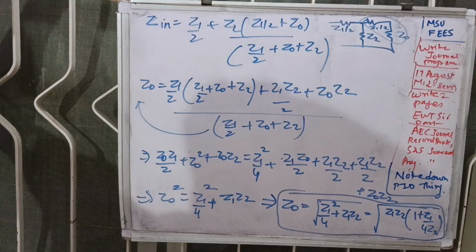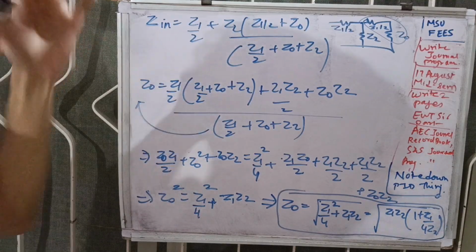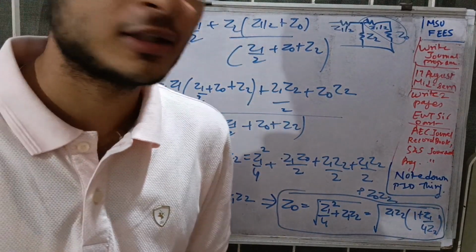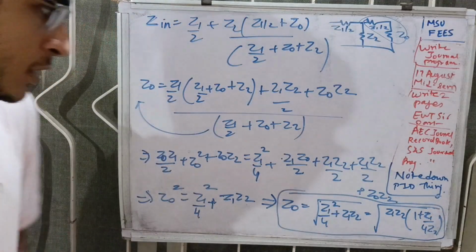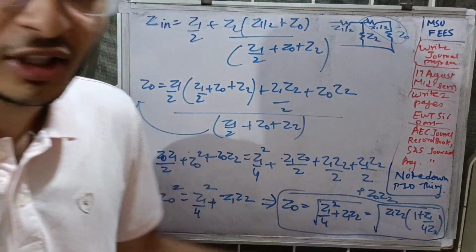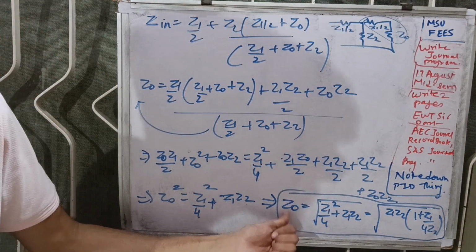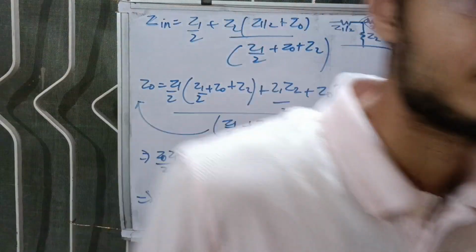This equation is very, very important, and we are going to use it further. We're going to derive the equation for the propagation constant and all that, but this equation is very important for that. Remember that this is for Z0, the characteristic impedance or load impedance.